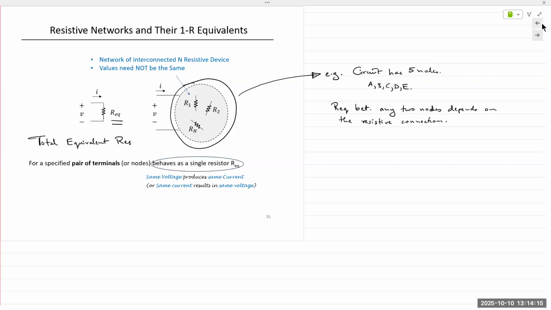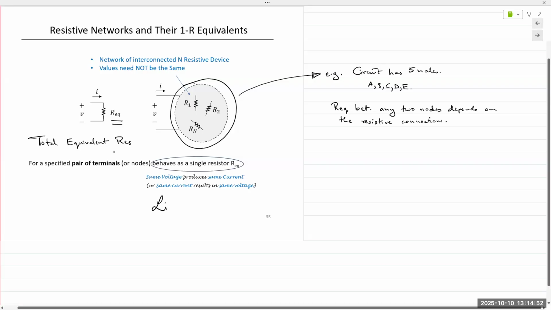All right. Now the importance of REQ is this. If you have a source and you're connecting multiple loads to that circuit, and we need to know how much power or how much energy is required from that source, it helps if we can model all the multiple loads as one single load. And because we can model it as one single resistance, it still retains the properties of all linear resistors, meaning it behaves like a linear device.